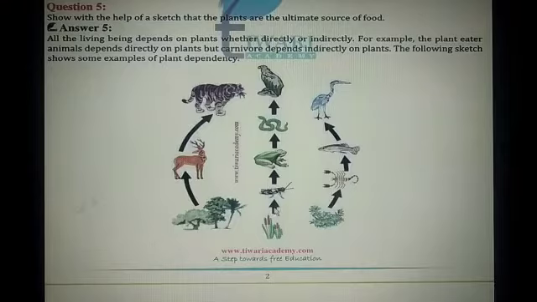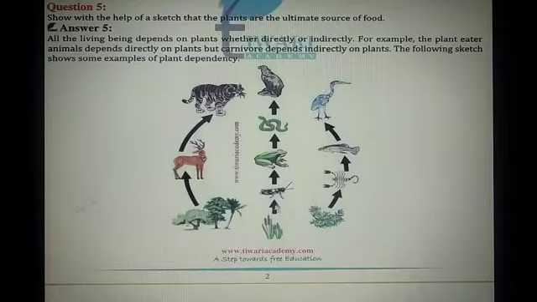Here you see where you find the grasshopper in a crop. In rice crops, wheat crops, you see so many grasshoppers there. And who eats grasshopper? Frog. Who eats frog? Snake. Who eats snake? Eagle. So a chain is there, and the same like there, scorpion, fishes.